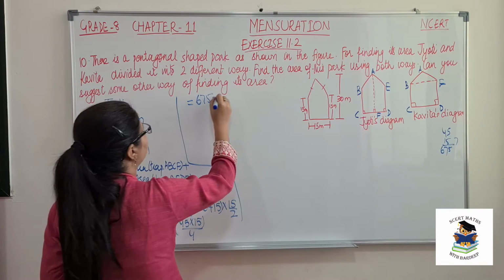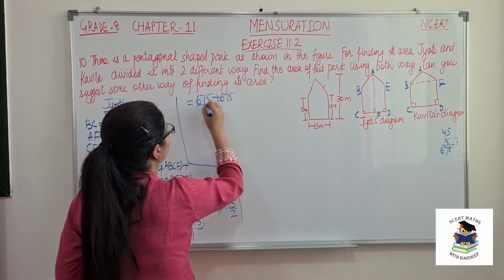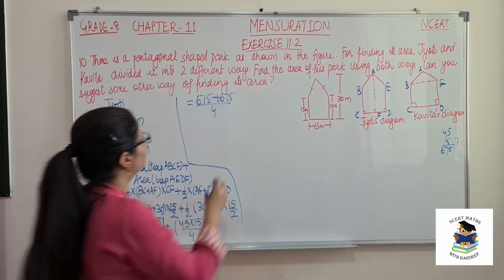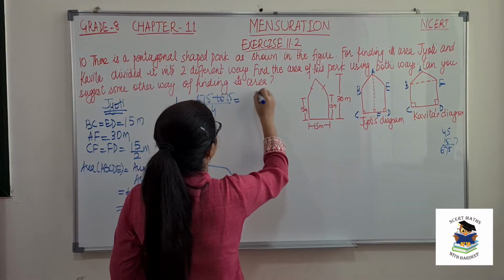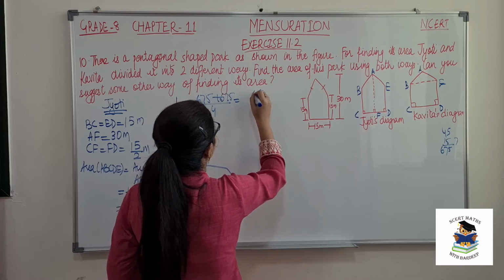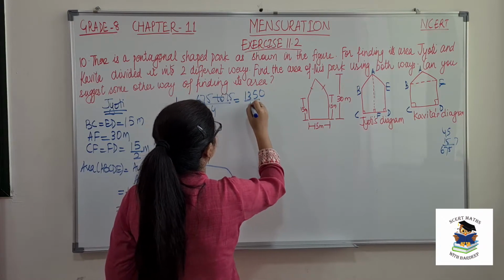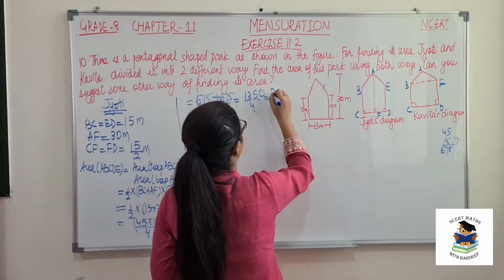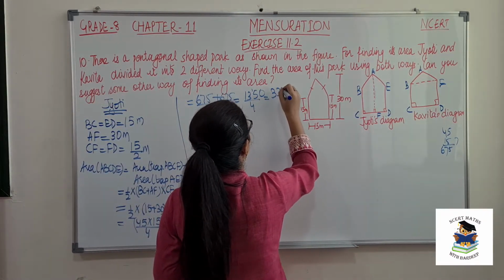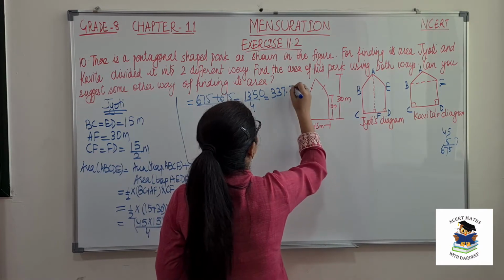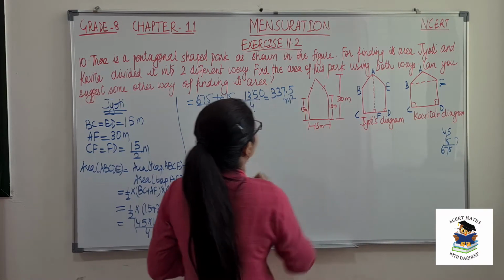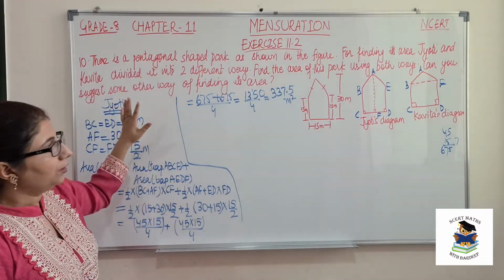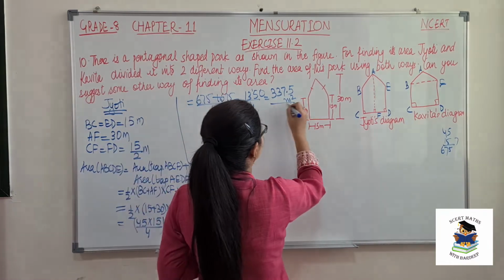Second again 675 over 4 because both have denominator 4. Let's add them. 5 and 5 is 10. 7 and 7 is 14 and 1 is 15. So 1350 over 4. So it is 337.5 meters square. So this is the area for Jyoti's diagram.